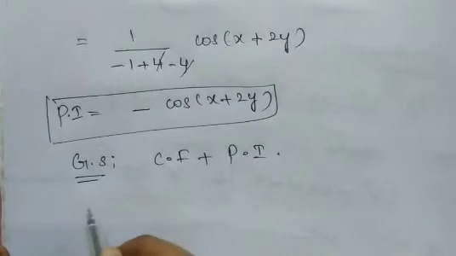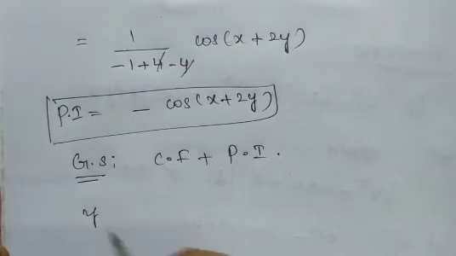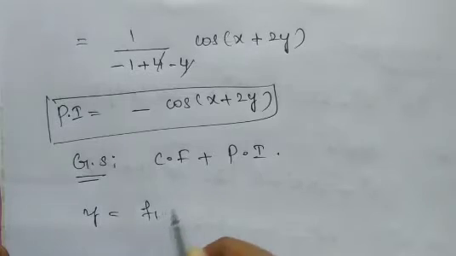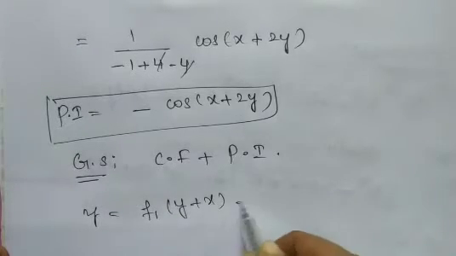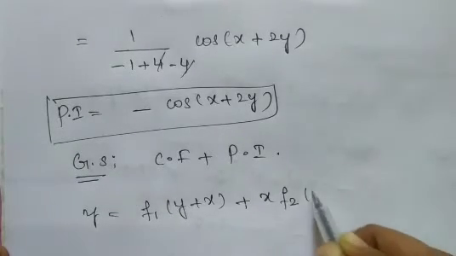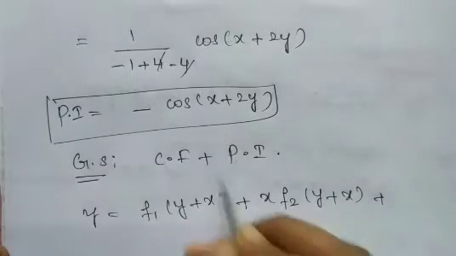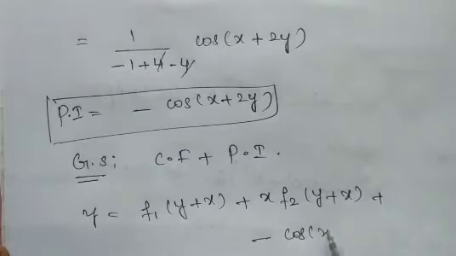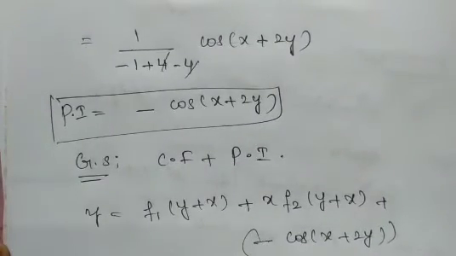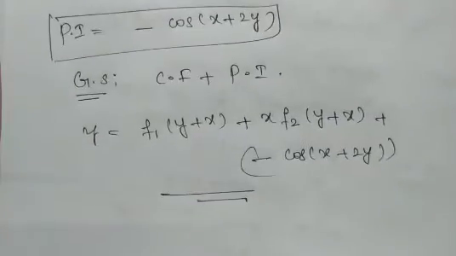So therefore our final answer, y equal to f1 of y plus x plus x into f2 of y plus x, plus here particular integral minus of cos x plus 2y. So this is the general solution of the given problem.